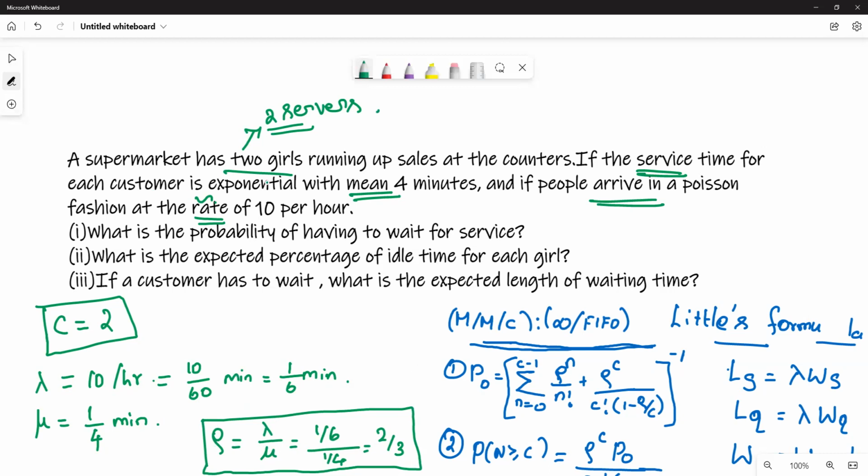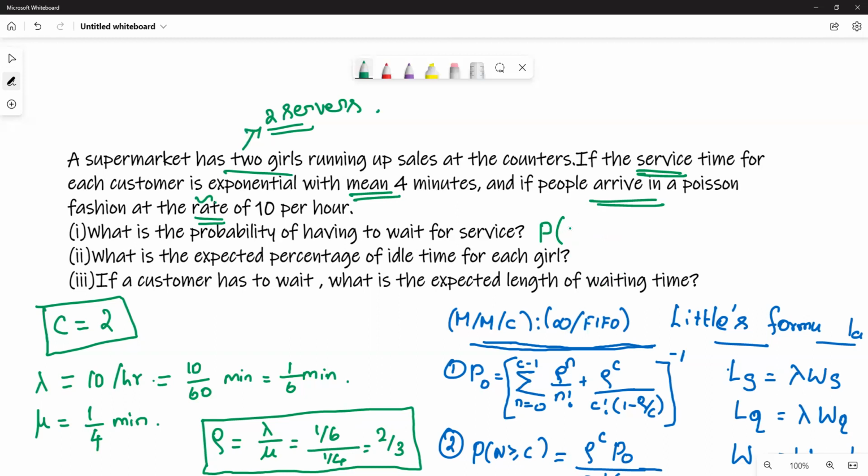Okay, next is what exactly is being asked. Notation for the subdivisions. Okay. What is the probability of having to wait for the service? They are asking you the probability that an arriving customer should wait for the service. When will the customer wait? Only when all the servers are busy.